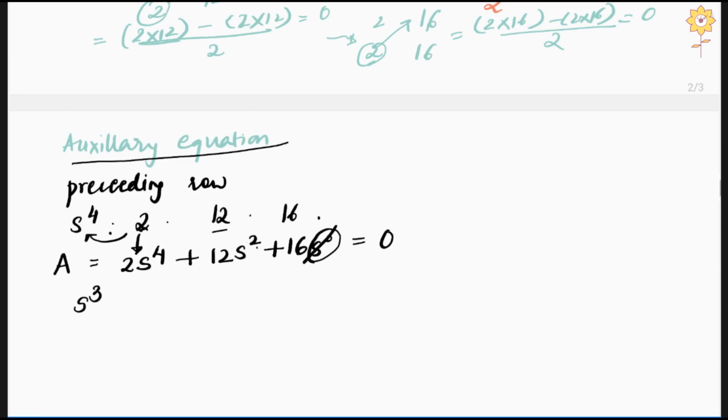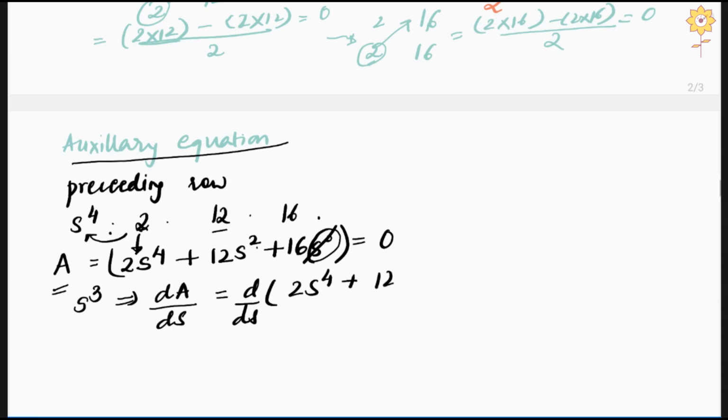After we get this, we have to find this row, that is S raised to 3. To get the value of S raised to 3, we have to differentiate this auxiliary equation. So, we have dA by ds which is equal to d by ds of 2 into s raised to 4 plus 12 into s raised to 2 plus 16, right.